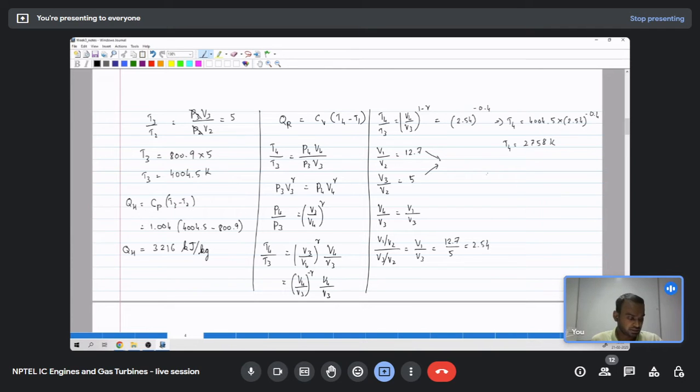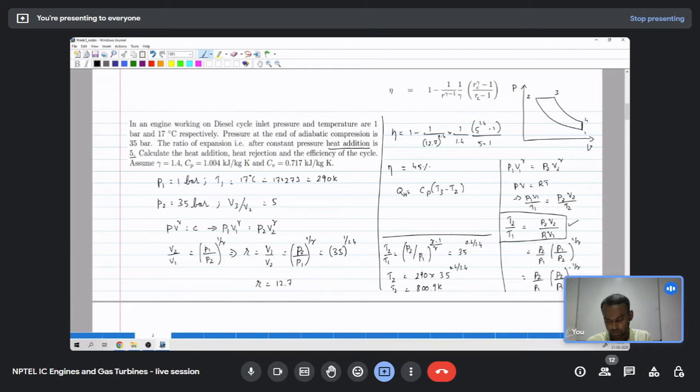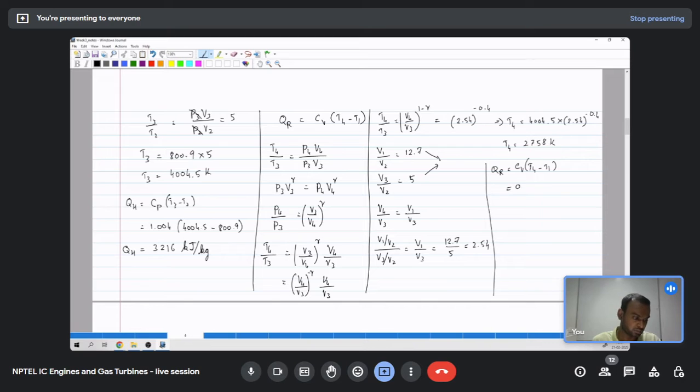Now heat rejected is CV times T4 minus T1. CV is given as constant volume heat addition is 0.717 kilojoule per kg Kelvin. So we have 0.717 into T4 is 2758 minus T1.